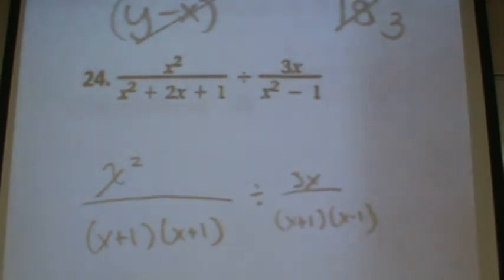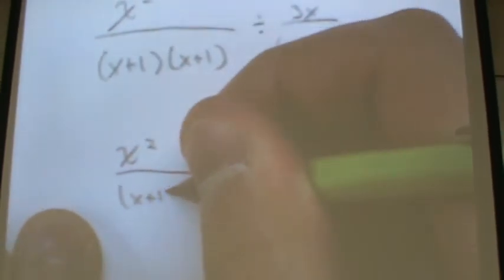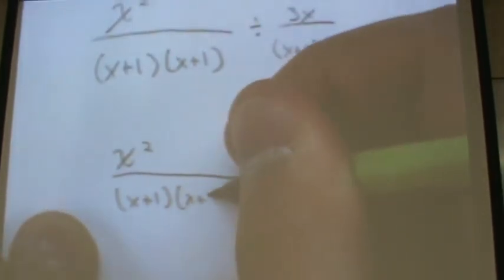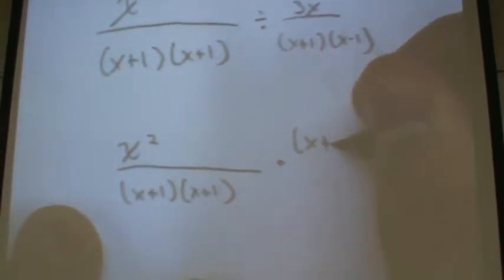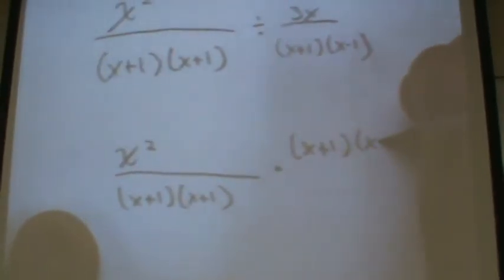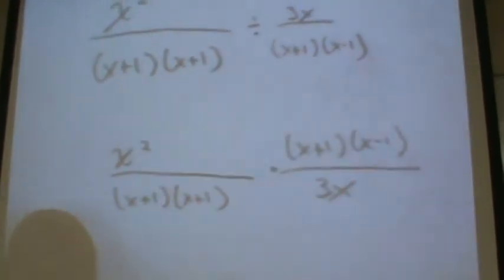Wait, before we flip, what are your restrictions? Negative one. Okay, so then you flip it. What cancels?